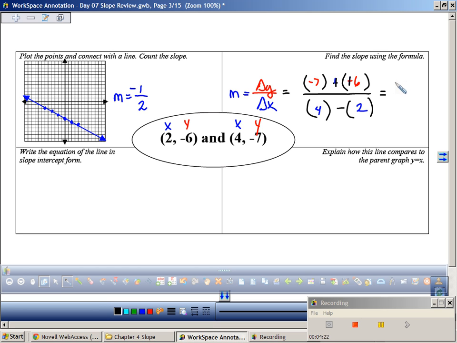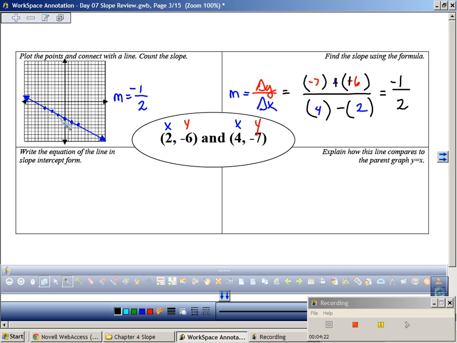What's the difference between 7 and 6? 1, and it's negative because there are more negatives than there are positives, correct? What's the difference between 4 and 2? 2. Is my slope the same as this one? It is, right? Both -1/2.